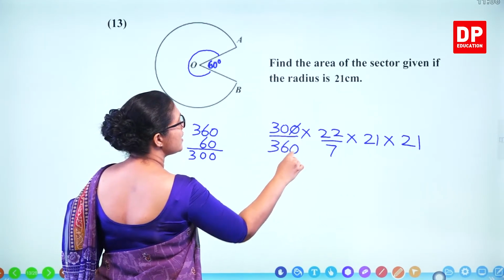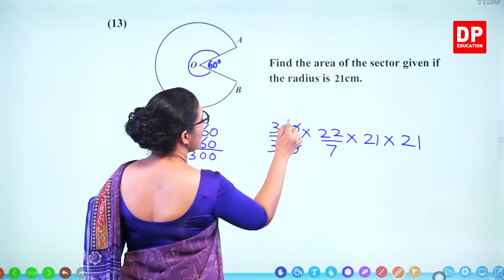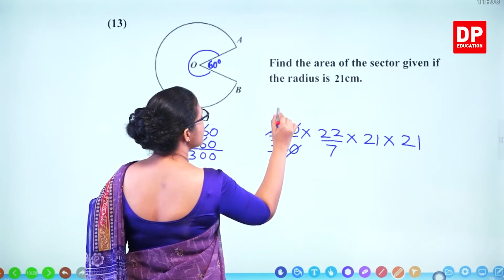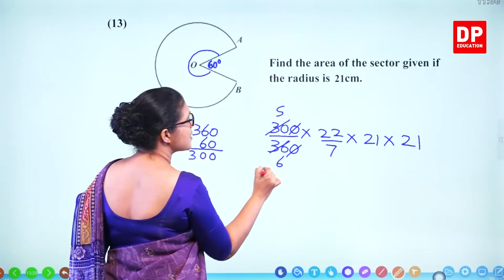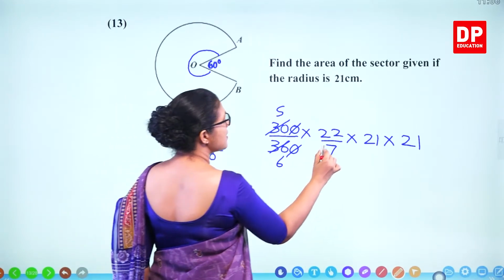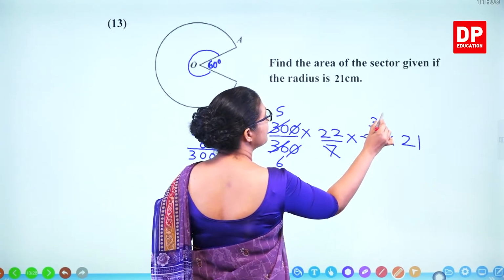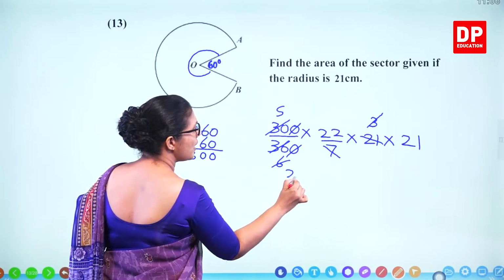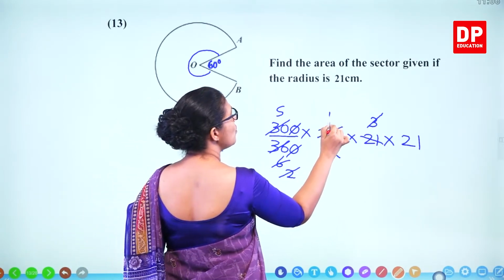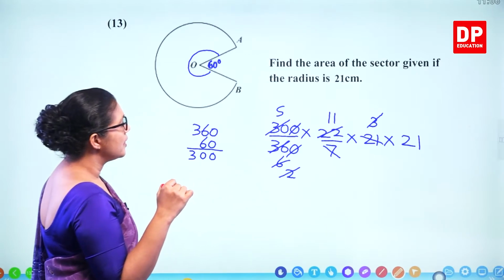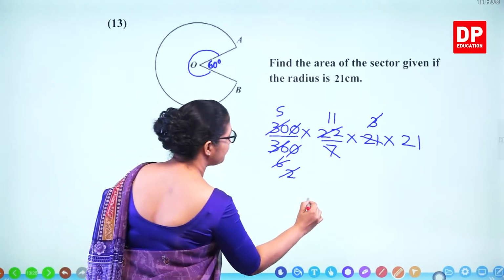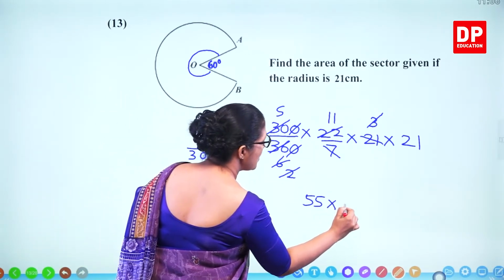This one you get 6 times 5, 6 times 6. Then 7 times 3. 3 times 2 here, 2 and 22, that's 11. So 55 times 21.